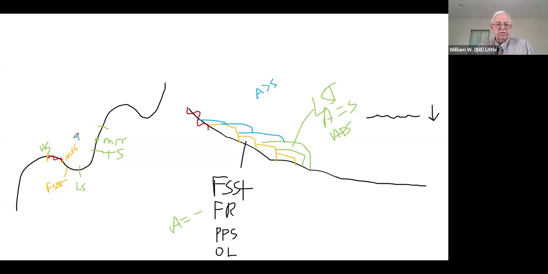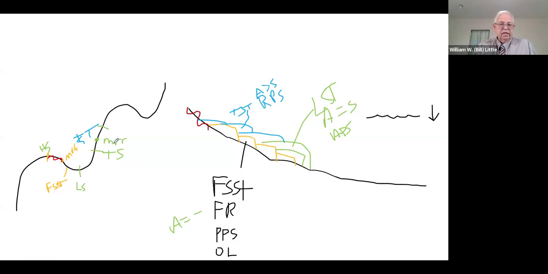And we call this the transgressive systems tract. Sorry about the writing there. The transgressive systems tract. And here we're looking at a retrogradational parasequence stacking pattern.